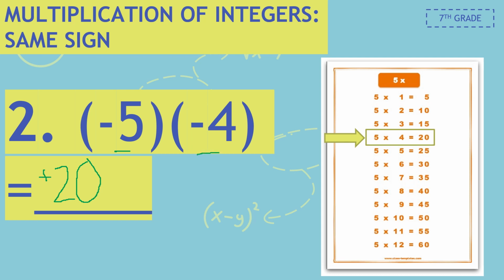Okay, kapag same sign, the product will always be positive. Or, again, you can just write the number 20 po for this. Okay, so I hope po nasundan natin kung paano po tayo magmamultiply ng integers having the same sign.